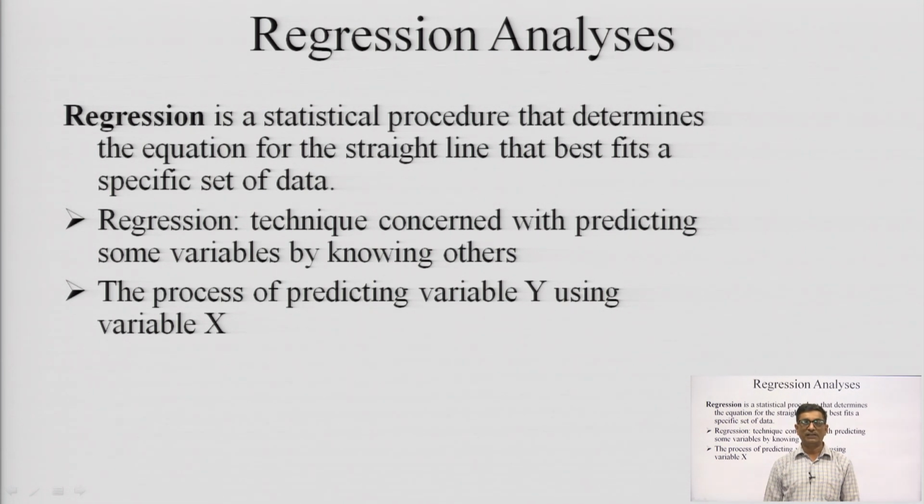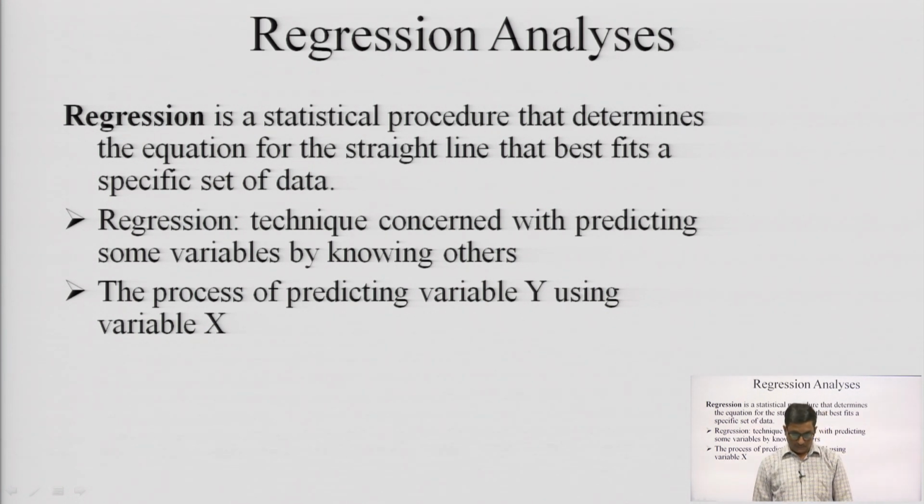Regression is a process of predicting variable y using variable x, and it is necessary in regression that there should be a correlation between the known variable and the unknown variable.